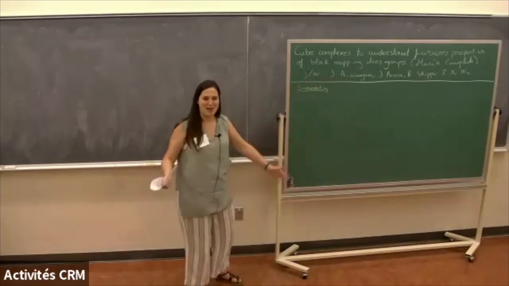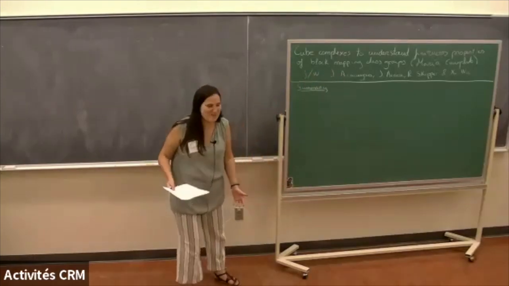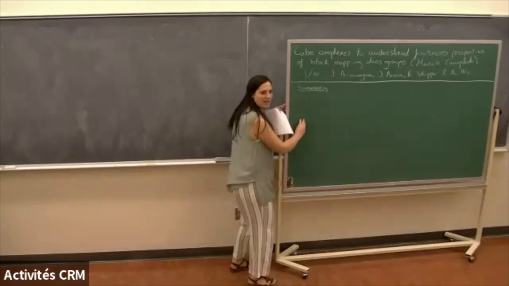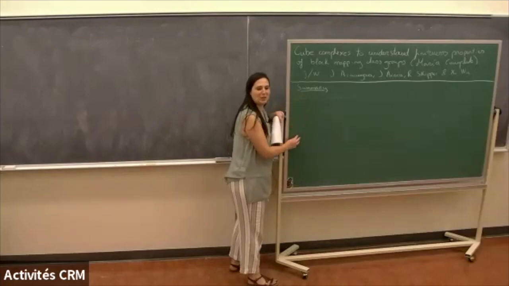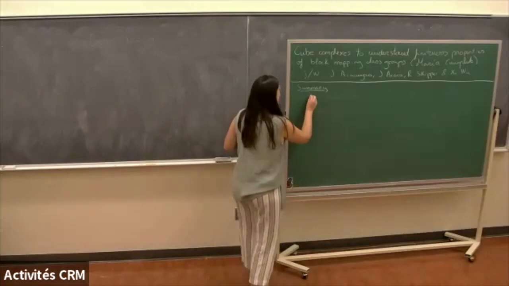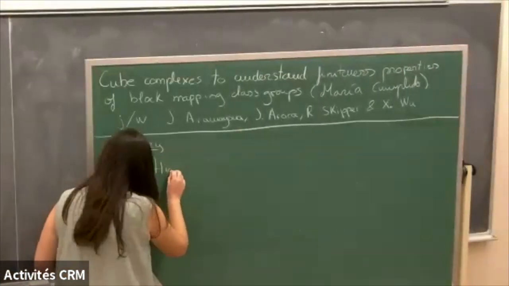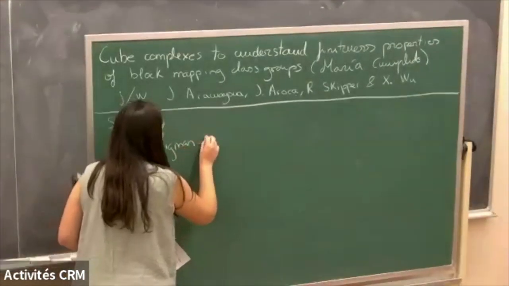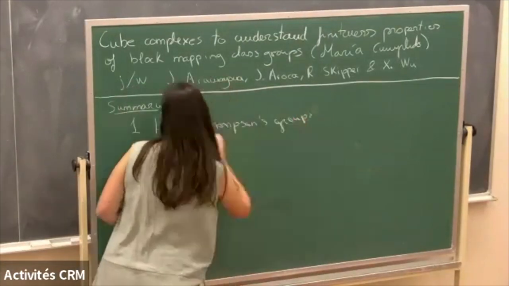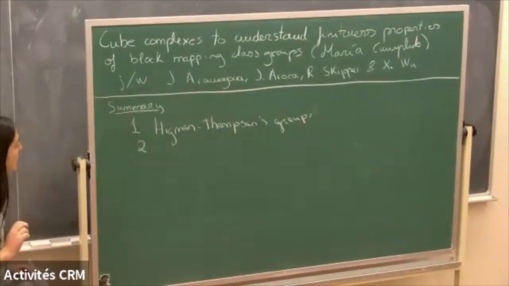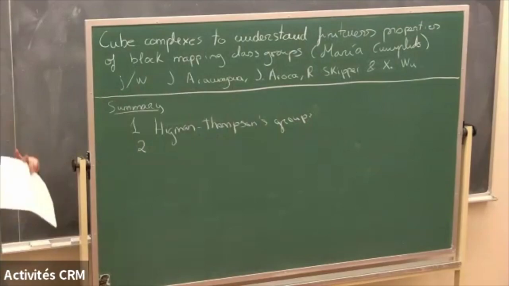You will understand why we are so many people in this paper, because first I'm going to do a summary so you are not going to get lost through the talk. First I'm going to talk a bit about Higman-Thompson groups. Then we're going to talk about a generalization.